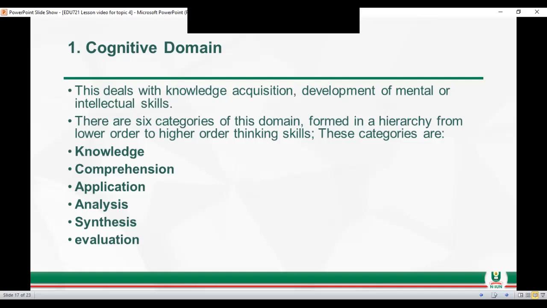These are the action verbs that are used in writing the learning objectives at this level. They can explain. For instance, at the end of this lesson, students should be able to summarize all the 3 types of learning domain.